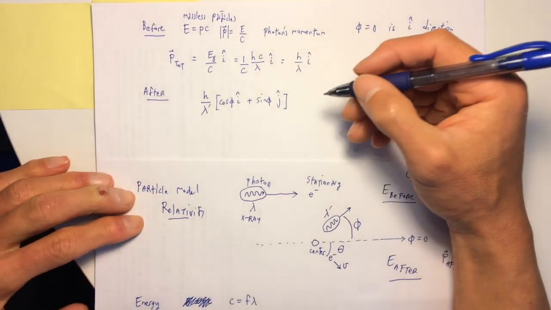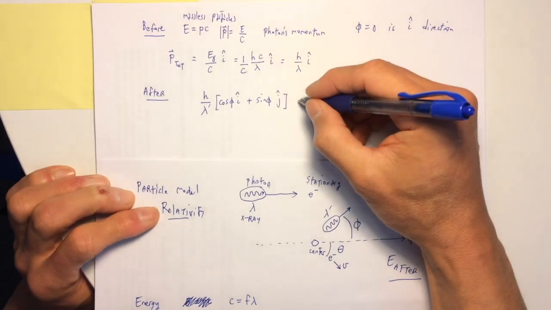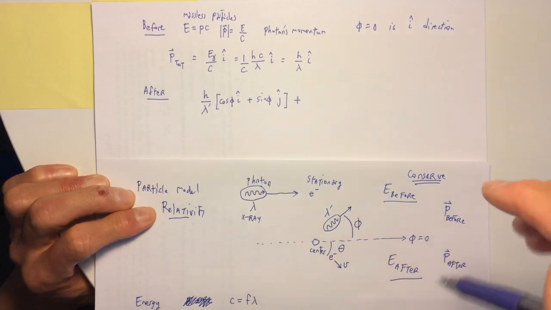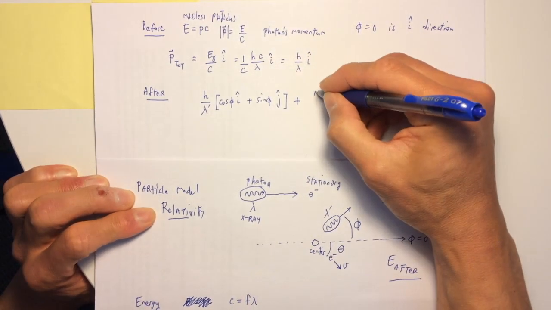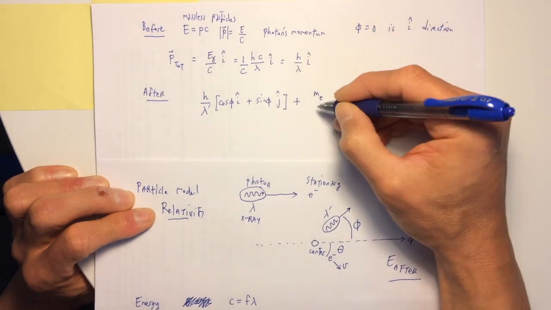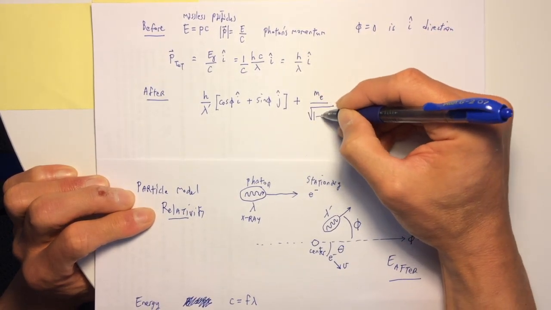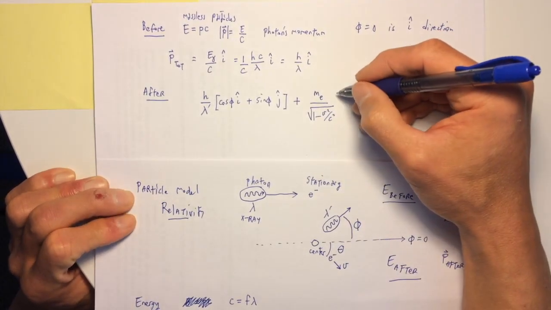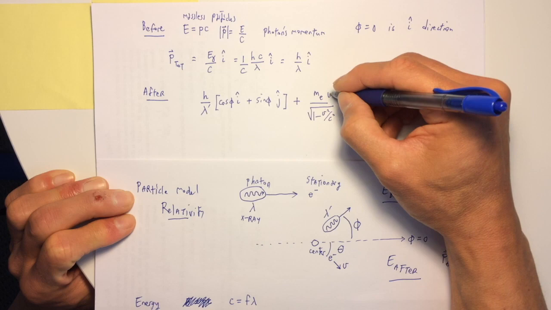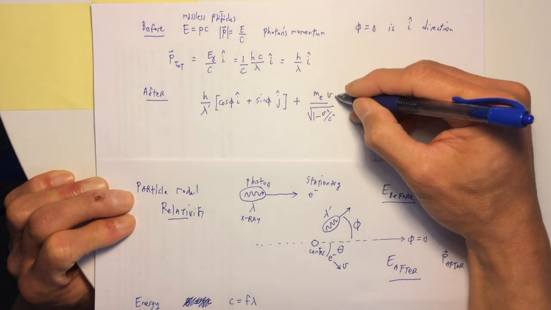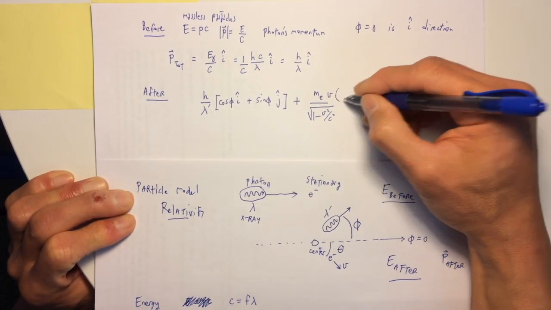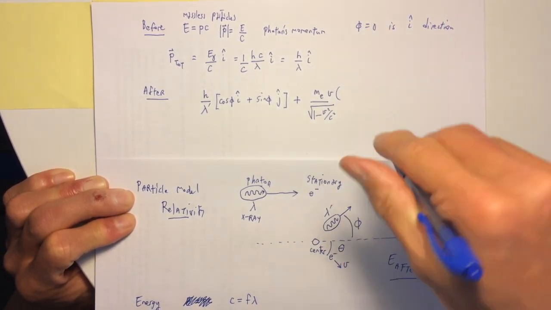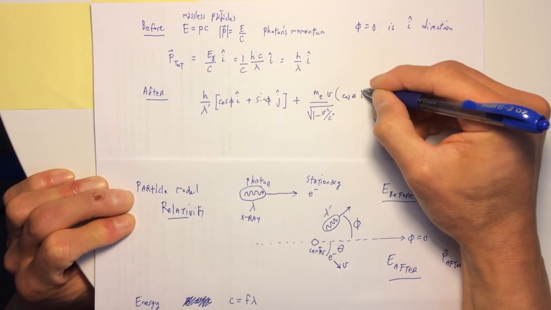The outgoing electron, I'm going to write it in terms of v. So I'm going to add on the electron's momentum. It goes: mass of the electron divided by the square root of 1 minus v squared over c squared. So I'm writing down the momentum, and then I've got the velocity. The velocity v is the magnitude of the velocity, but the unit vector direction is, so the x component is cosine theta i hat.